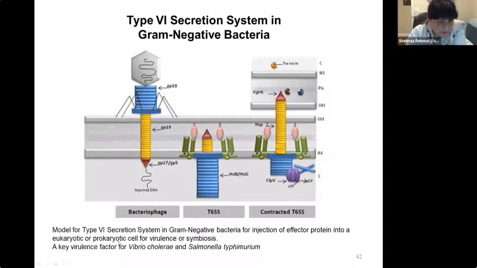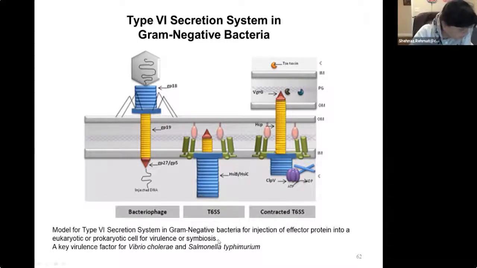In the eukaryotic system, if this is a eukaryotic cell, of course, virulence factors will be injected. But in some cases, bacterial symbiosis occurs, and this contact is made between two cells, so that some of the material from this cell will be going into the other one. Proteins will be secreted into the other one as a symbiotic factor.